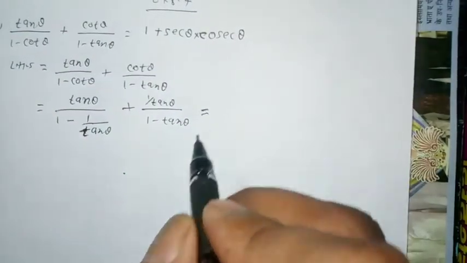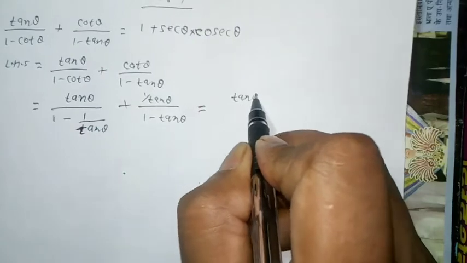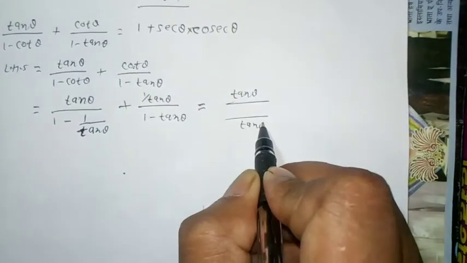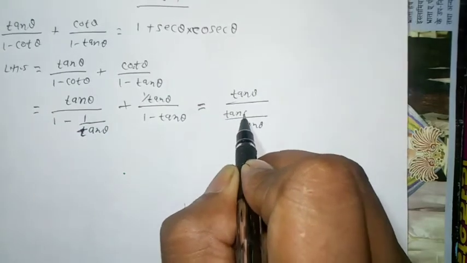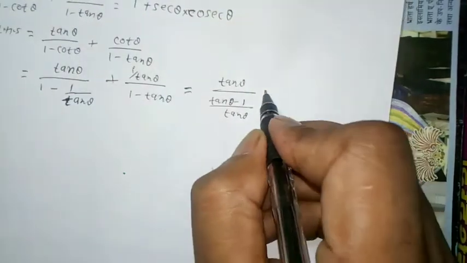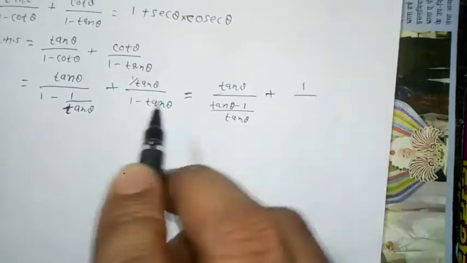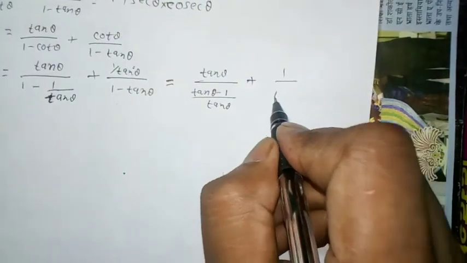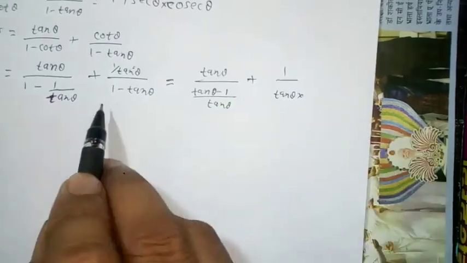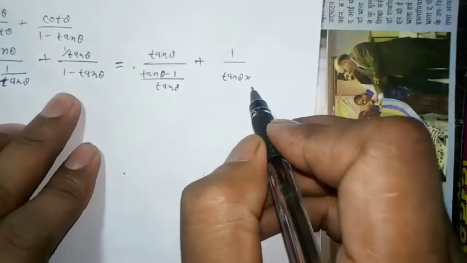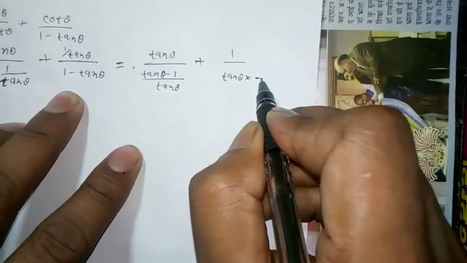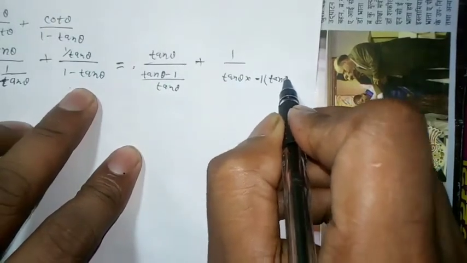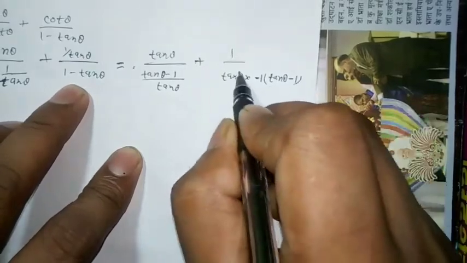The LCM is tan theta, then tan theta minus 1 plus 1 by tan theta goes in the denominator. So tan theta into, I take common minus 1, so minus 1 into changing the tan theta value to plus and 1 to minus.